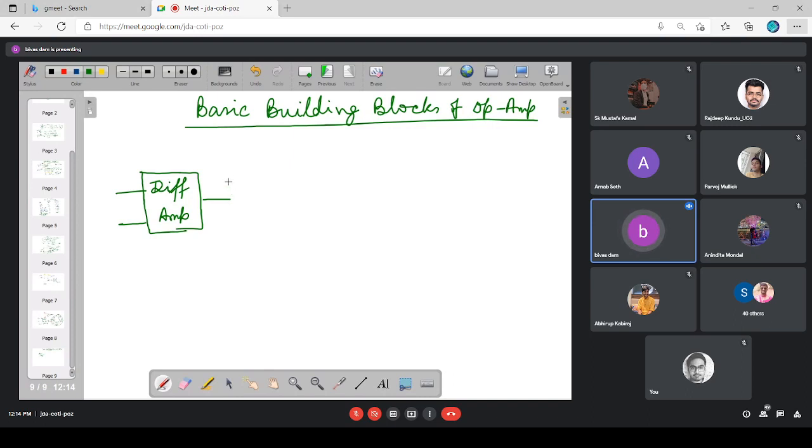So to introduce infinite gain, after this we have one gain stage, or a high gain stage, whatever you say. The purpose of this gain stage is to ensure infinite AOL, infinite open loop gain.